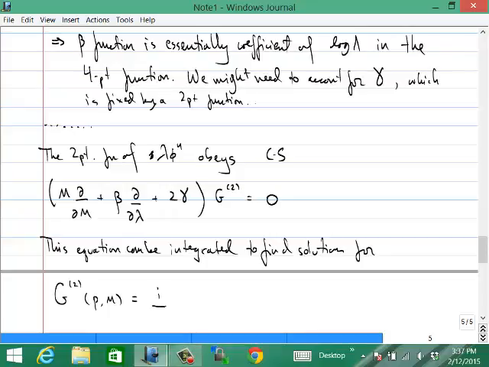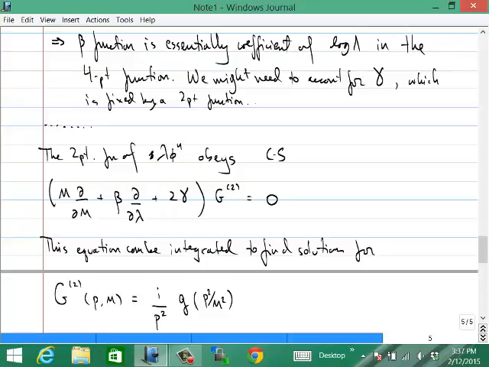The free two-point function is just 1 over p squared. So by dimensional analysis, you must be able to write your two-point function as i over p squared times some function of p squared over m squared.